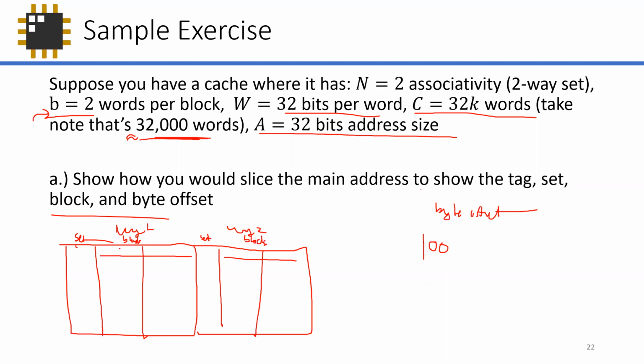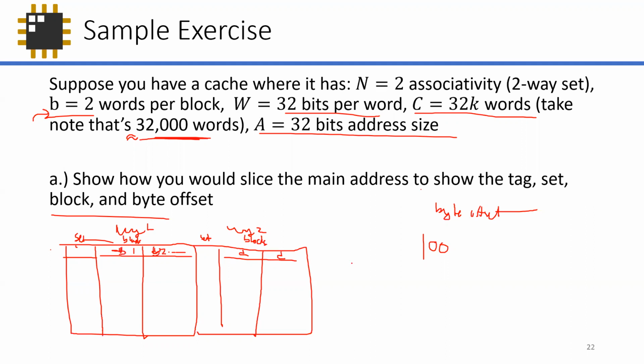Let's say these two selections are data one, data two, they're all data. Now, because per set I have two blocks, this is block one and then block two.